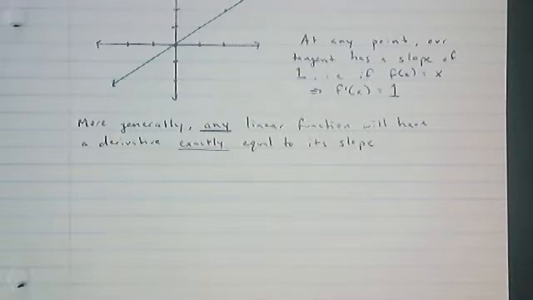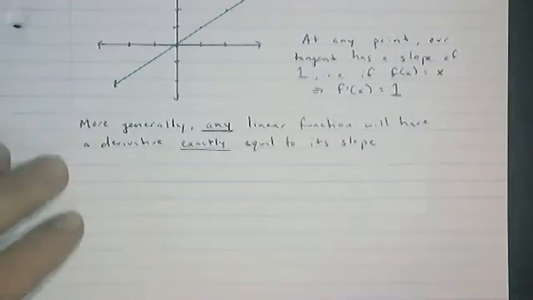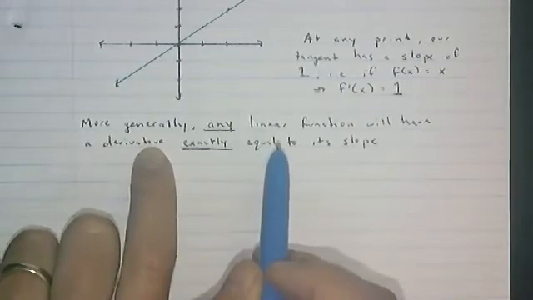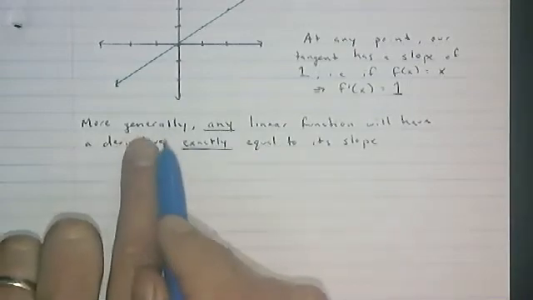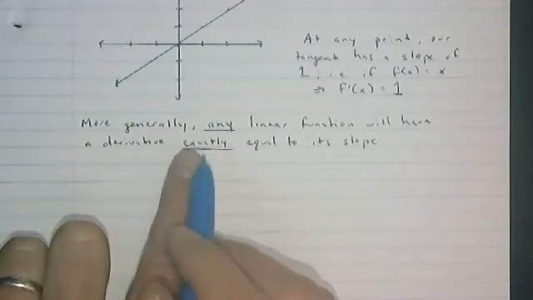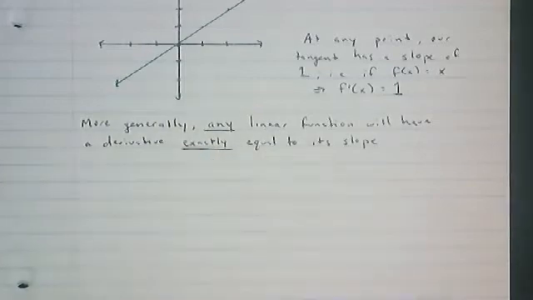What you talking about, Mr. Smith? Talking about this, a consequence of what I just wrote. Let's read what I wrote. More generally, any linear function will have a derivative exactly equal to its slope. Are there different linear functions that have the same slope? Yeah.